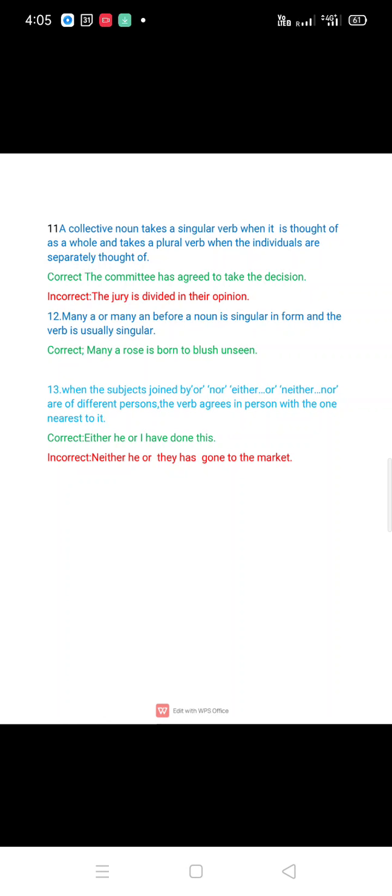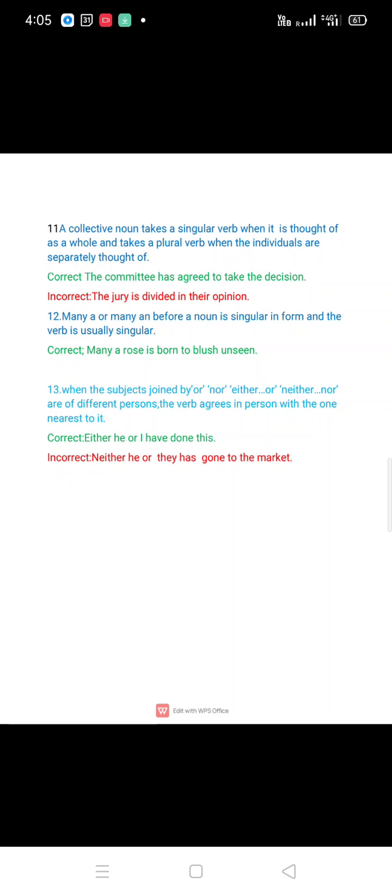So either I or he has done this, and here the sentence is either he or I, that's why have verb is used. Either he or I have, and the rule is verb agrees in person with the one nearest to it. Here the nearest person is I, and that's why have verb is used here.